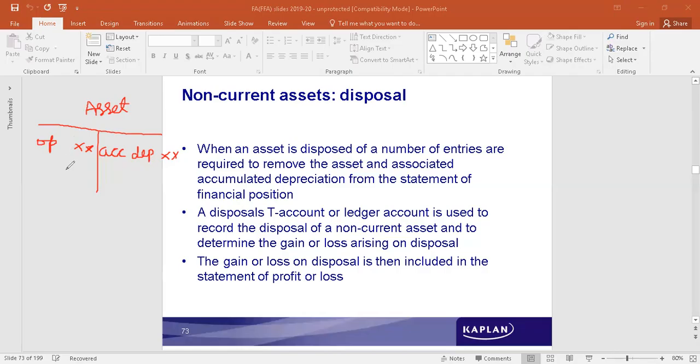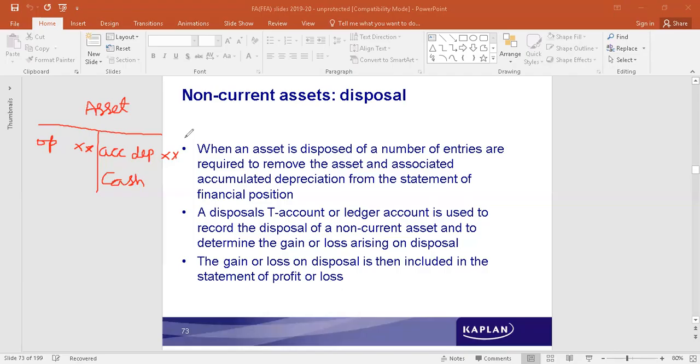Because it is sold, cash would be realized, cash or receivables. That should be equal to 40,000. Cash value plus accumulated depreciation should be equal to the beginning value of the asset. So if it is 1 lakh, it is 60,000 here. The sale value should be equal to 40,000.